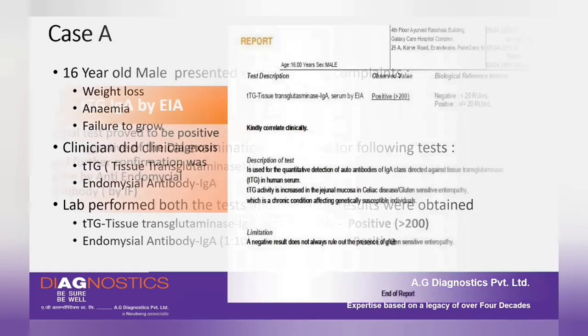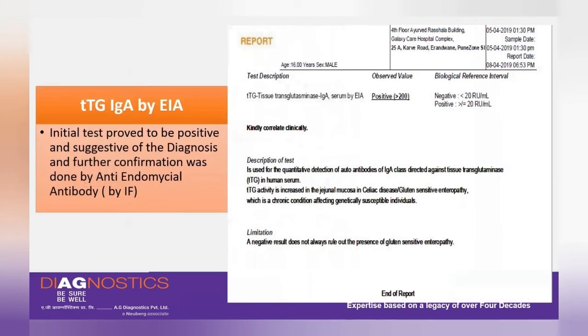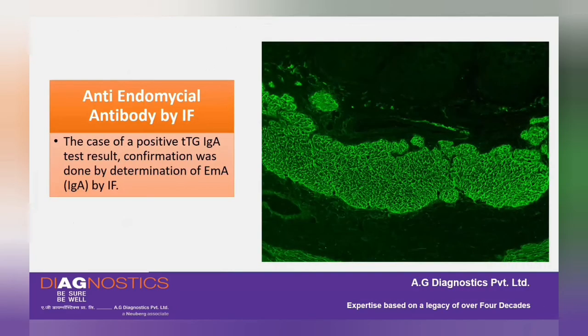The TTG IgA antibody is usually estimated by ELISA test, and here you can see that this patient showed a titer more than 200, positive. The diagnosis is then confirmed by doing the determination of an anti-endomysial antibody by immunofluorescence.